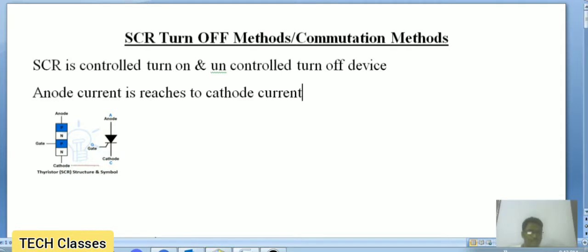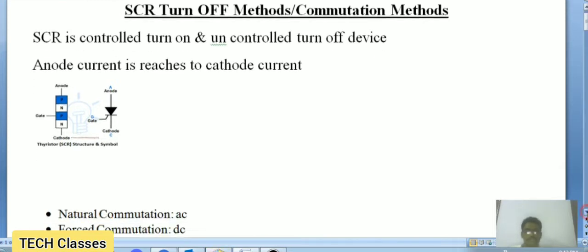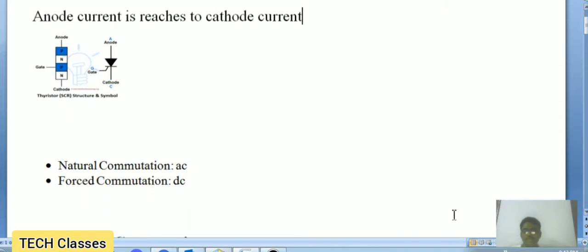Now, what are the methods to turn off this SCR? Basically we have two types of methods. One is natural commutation and another one is forced commutation. Natural commutation is applicable in AC supply circuits, whereas forced commutation is applied in case of DC supply circuits.